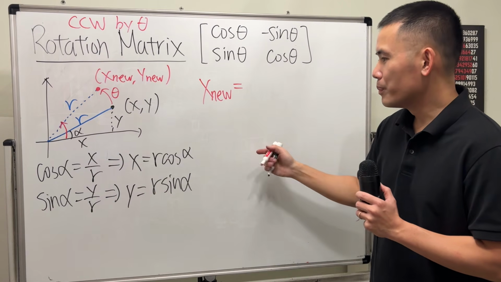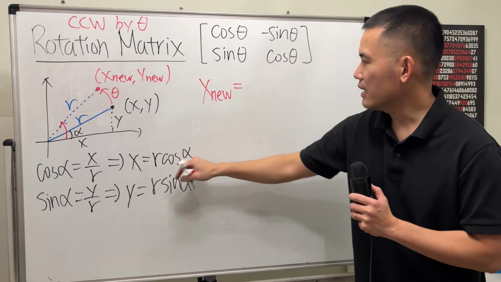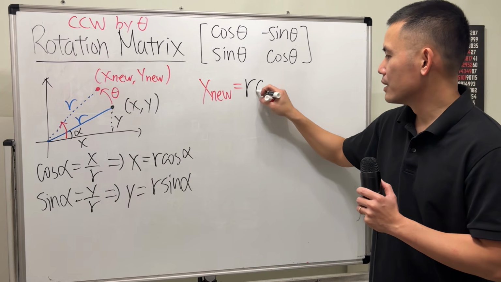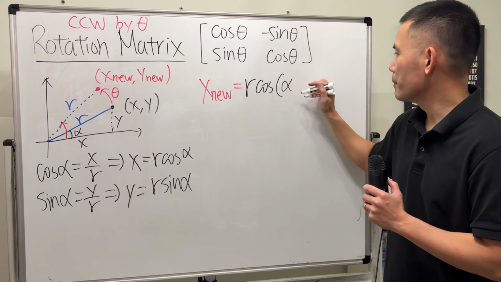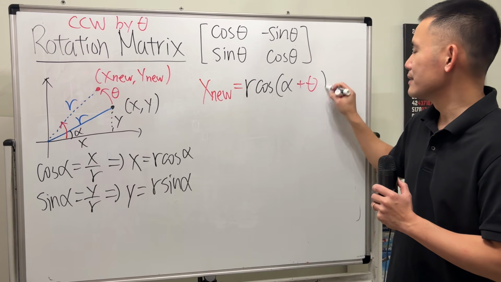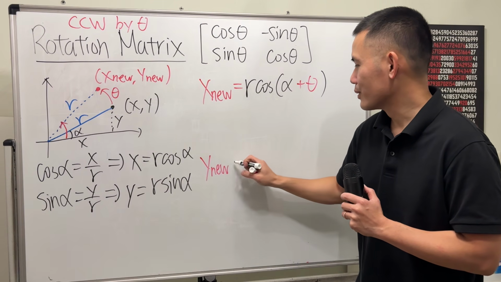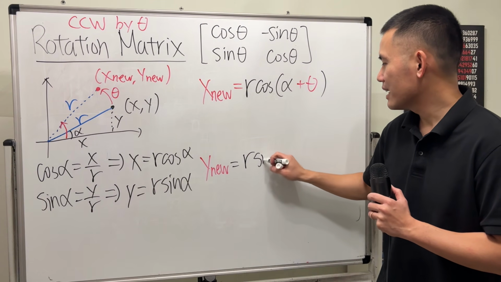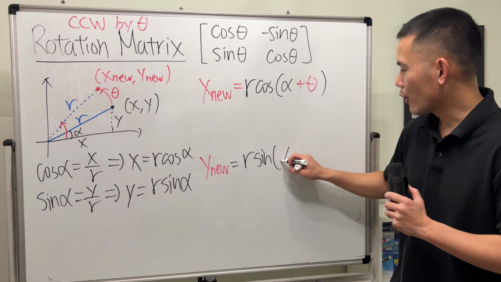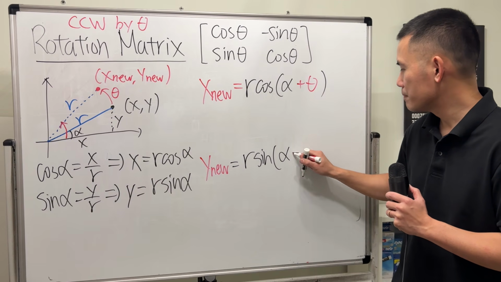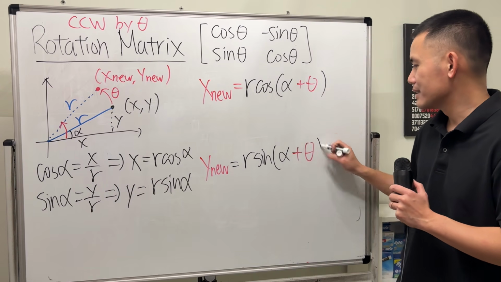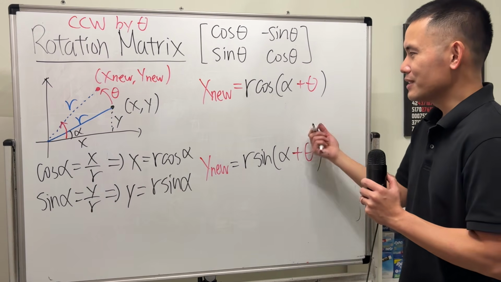X new will be r times cosine of alpha plus theta. And then likewise, y new is going to be r sine of alpha plus theta. So far so good. Now the rest is just work them out.